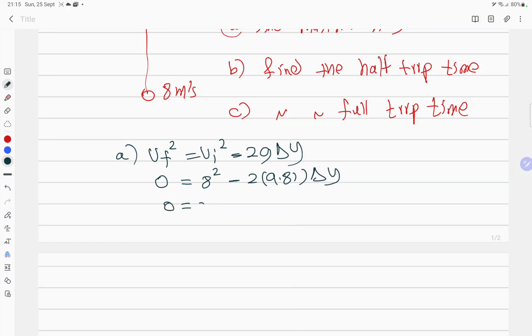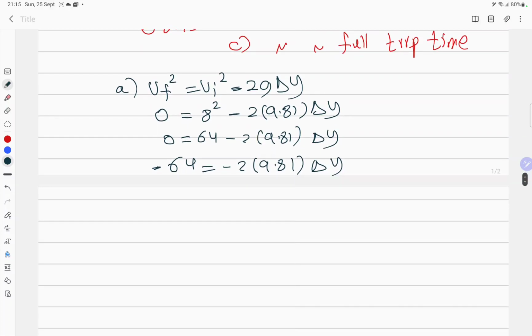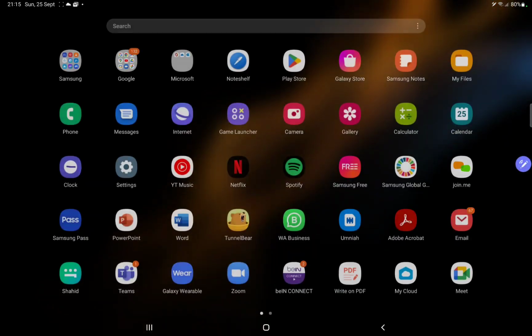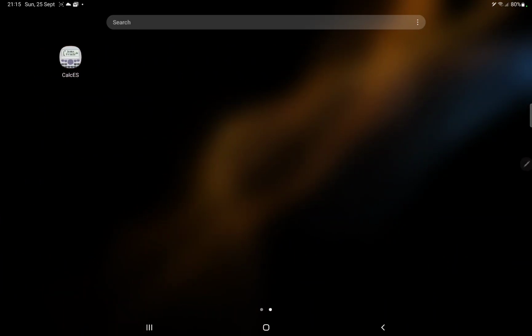So 0 equals 64 minus 2 times 9.81 times delta Y. So negative 64 equals negative 2 times 9.81 times delta Y. At the end, the negative cancels the negative. So delta Y equals 64 over 2 times 9.81. One second, let me use the calculator.